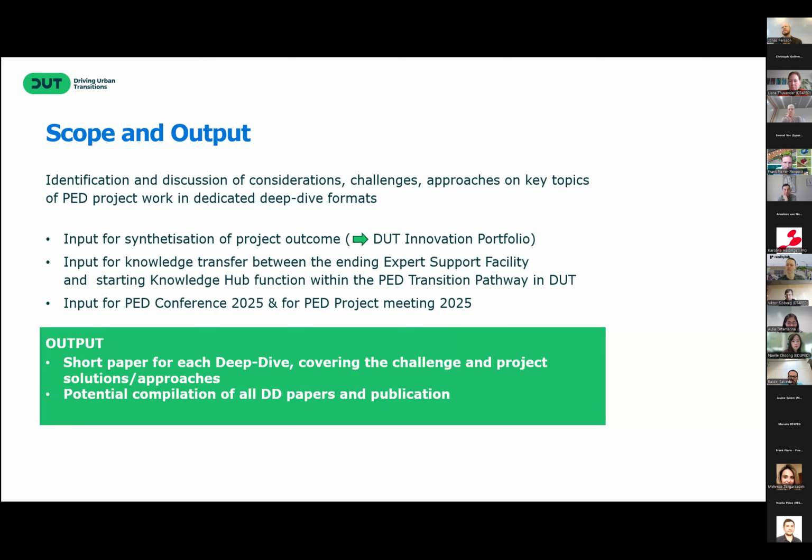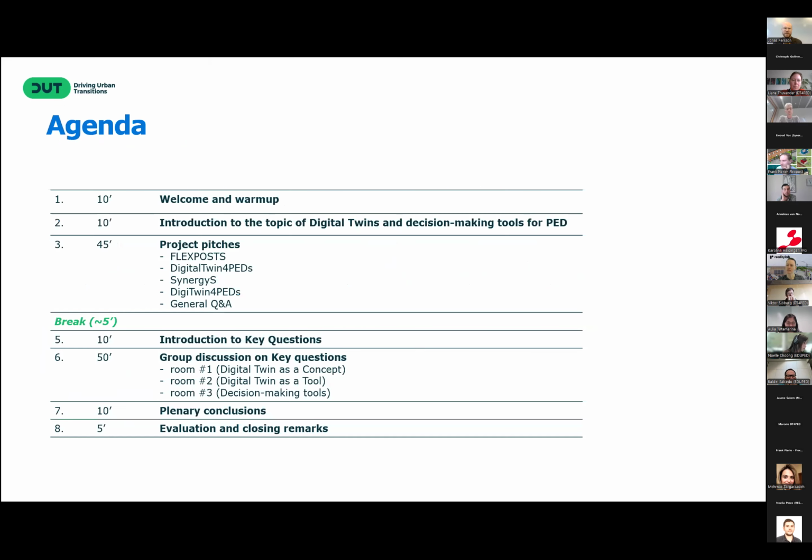And we think that this output can serve multiple purposes, guiding both current and future practitioners, researchers, policymakers on these key PED-related topics. And they will be used in the DUT Innovation Portfolio and communicated at the upcoming PED conference this fall.